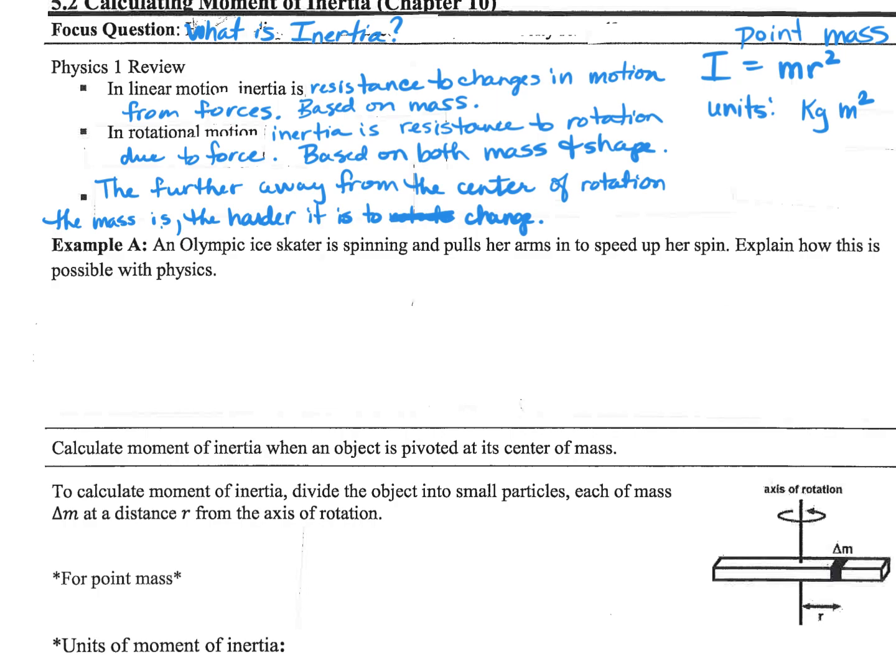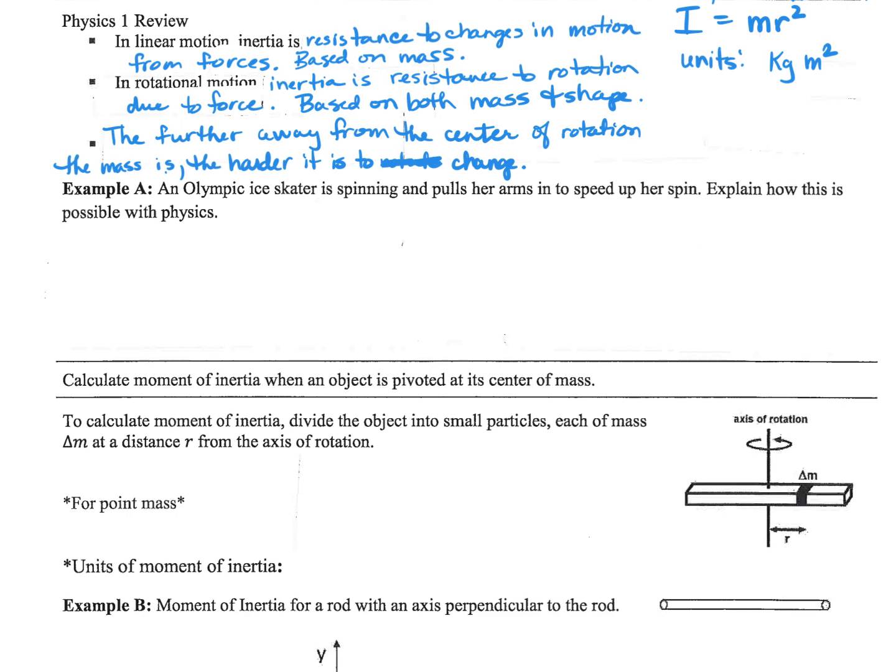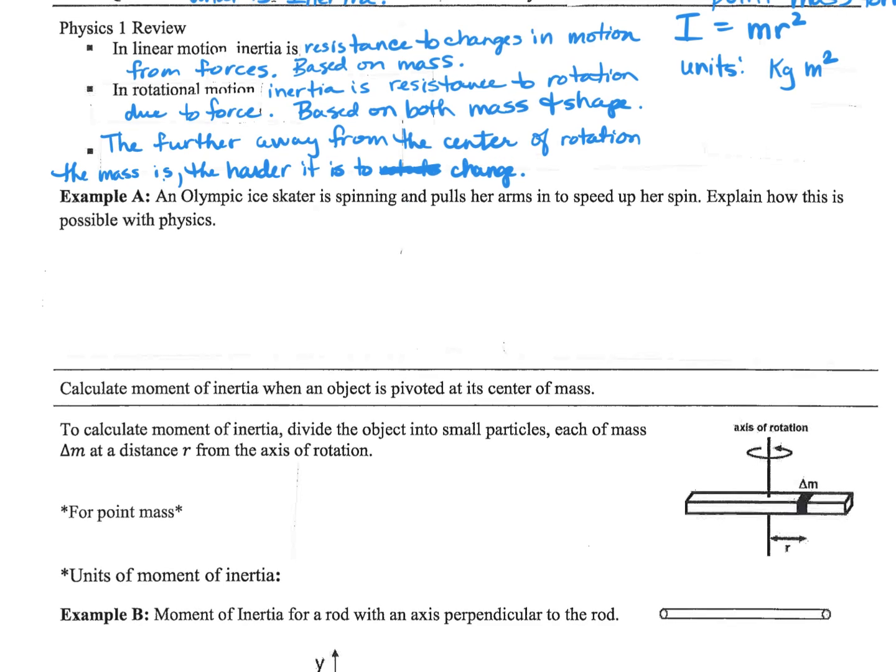All right, so let's read this. Example A, an Olympic skater is spinning and pulls her arms in to speed up her spin. Explain how that is possible. So pulling her arms in does what? Yep. Reduces her radius.